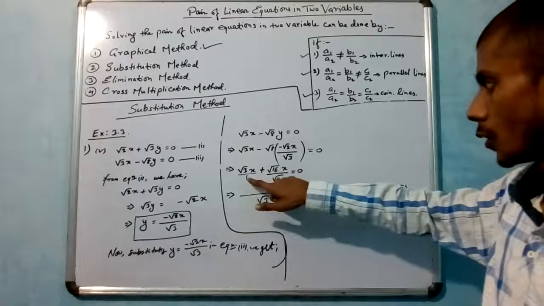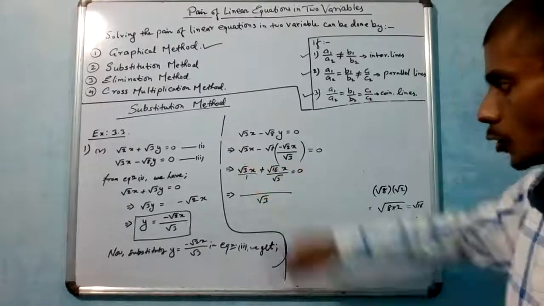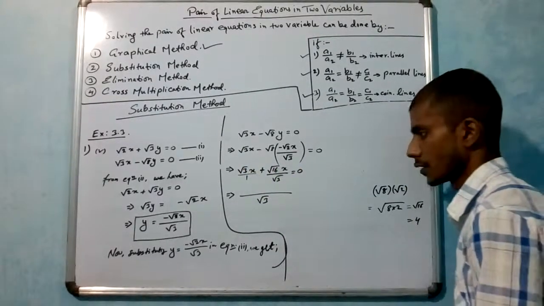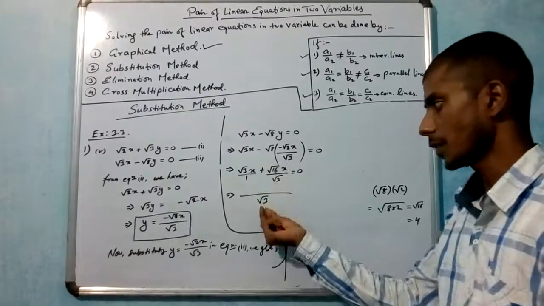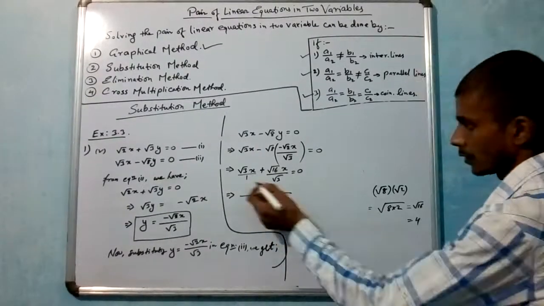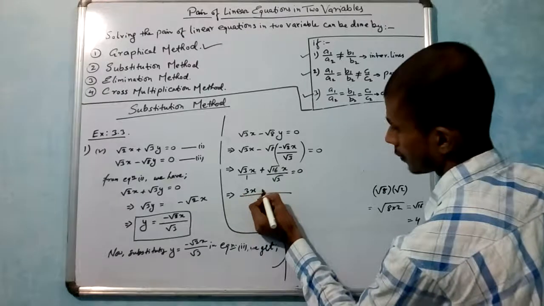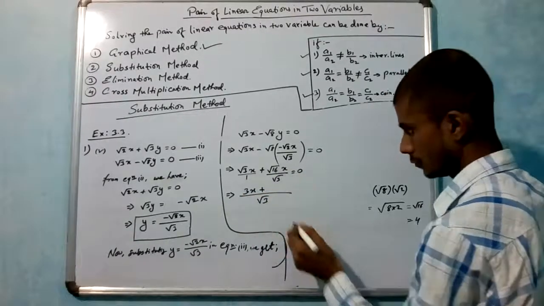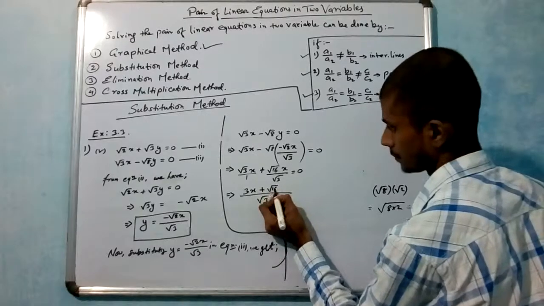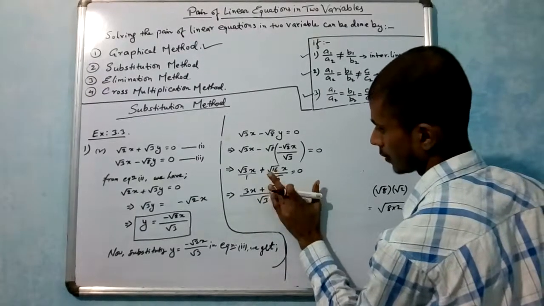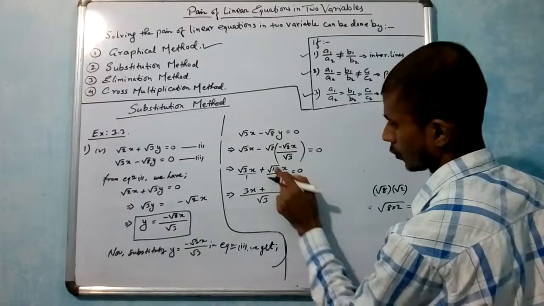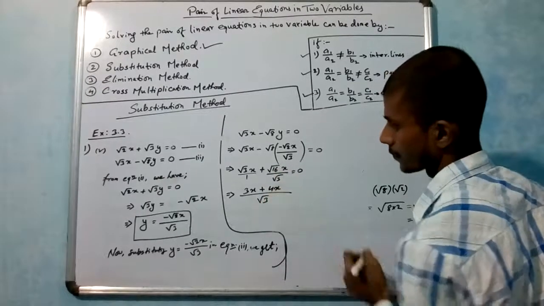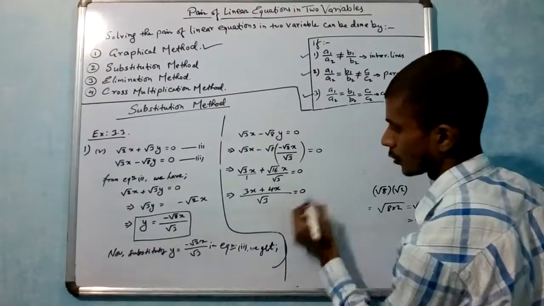This root 3 will get multiplied with root 3x, the numerator part. Taking the LCM first, dividing the LCM, 3x, correct. Then plus this one as it is, 1 into this value as it is, so root 16, that is 4. Can I write 4x? Yes, is equal to 0.